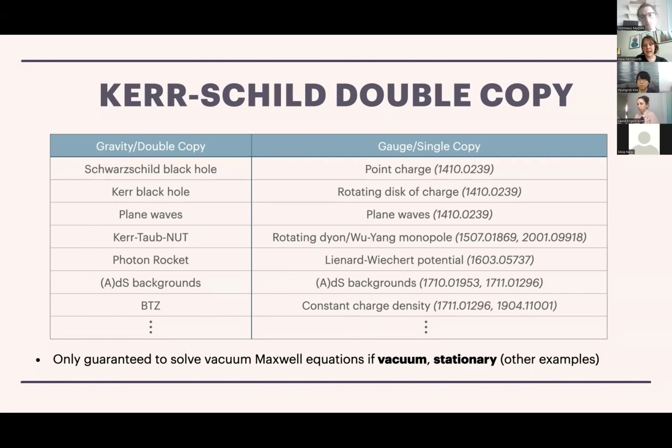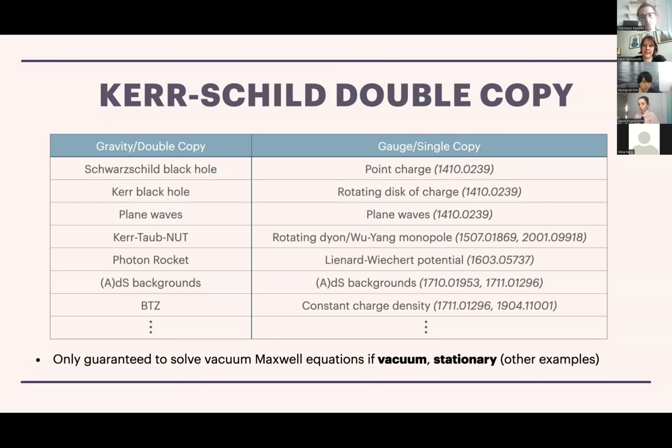And one last example I wanted to mention that I think is really interesting is the BTZ black hole in 3 dimensions, which maps to a constant charge density on the gauge theory side. This is interesting because, on the amplitude side, gravitons in 3 dimensions don't have any dynamical degrees of freedom. So this is a case where the classical double copy has a map from solutions to solutions where the amplitude double copy does not.